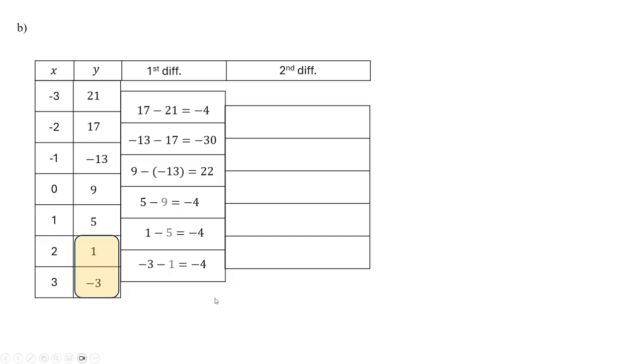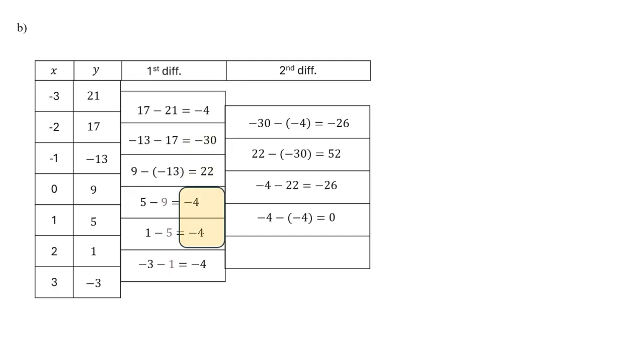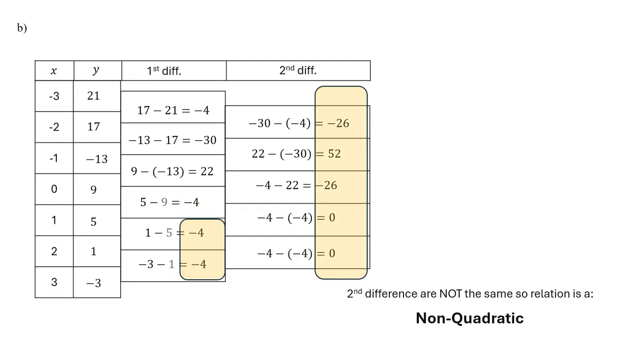So let's check our second differences. So we'll take -30 minus -4, get -26, do the next one, 52, and so on, and so on. And we see that our second differences are not the same either. So our relation is non-quadratic.